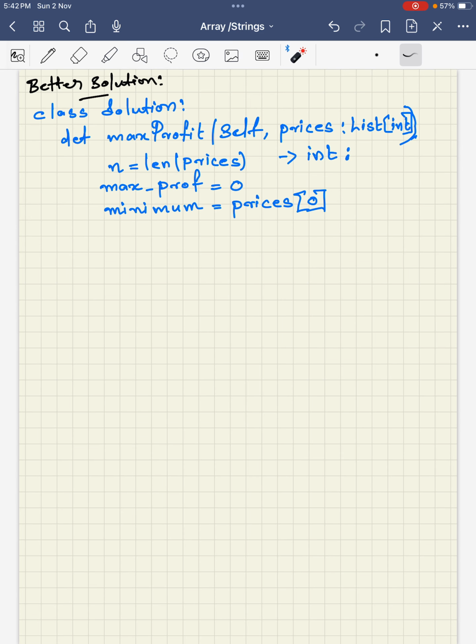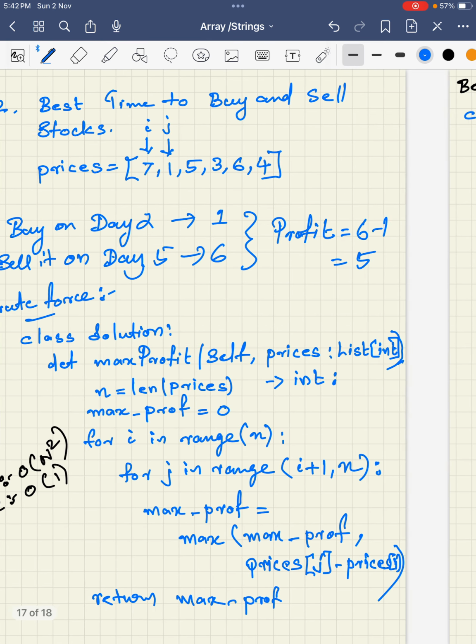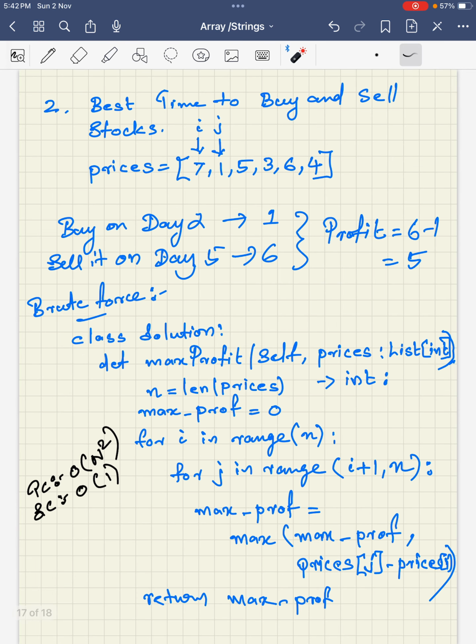So what we are going to do right here is this: we are going to traverse only a single time, for i in range of n. We are going to update the minimum: minimum equals min of minimum. Min is an inbuilt function, just like max is an inbuilt function we have used here.